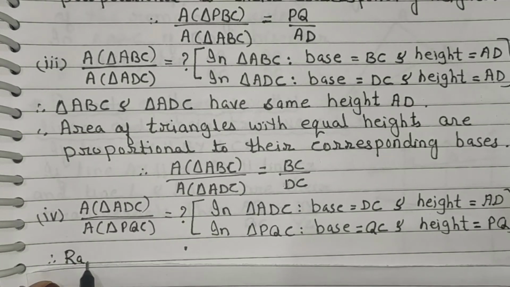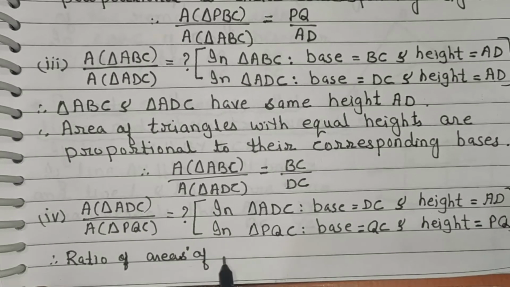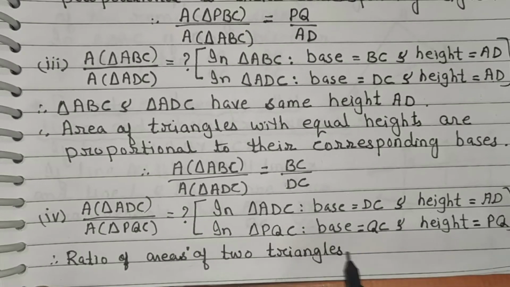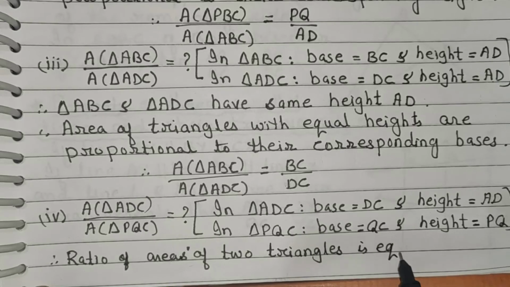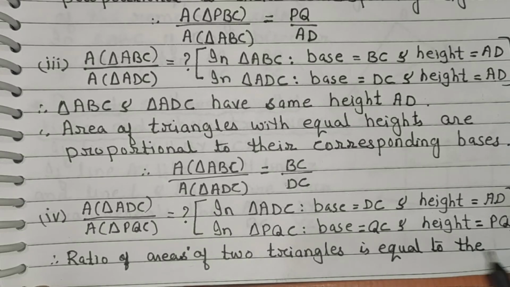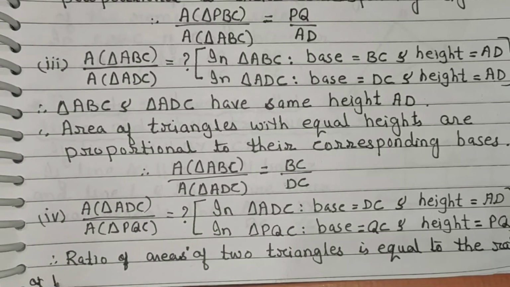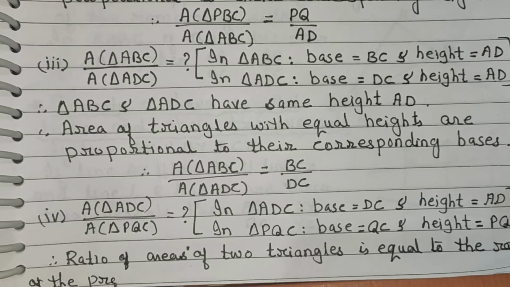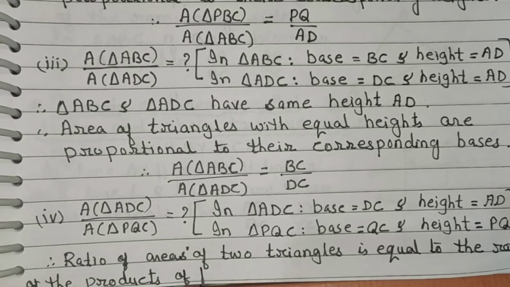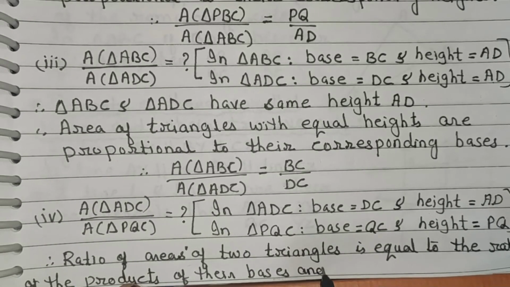We know that the ratio of areas of two triangles is equal to the ratio of the products of their bases and corresponding heights.